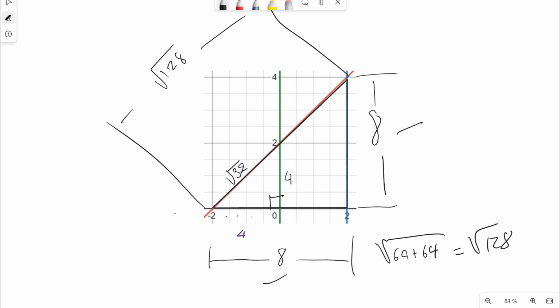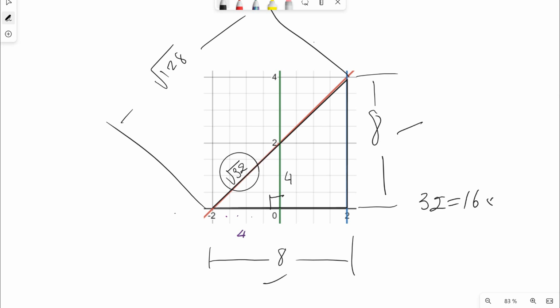More than that, we better simplify this. 32 is equal to 16 times 2. Then you can start from here. The square root of 16, which is 4, times the square root of 2, which cannot be extracted from the root. This is a simpler way to express this length.